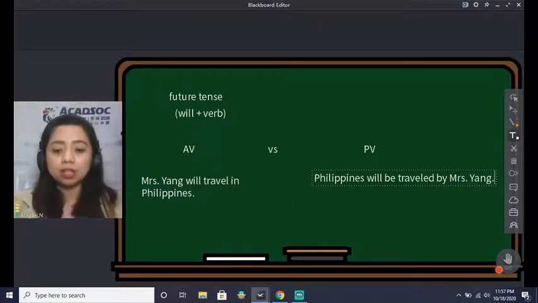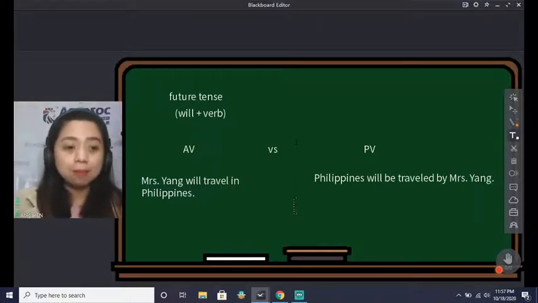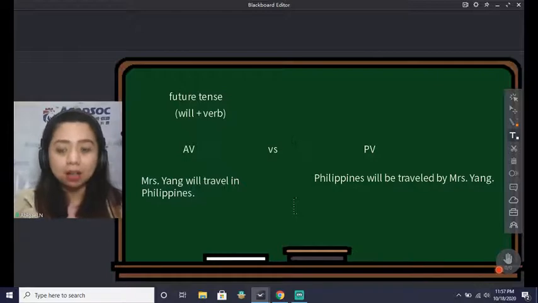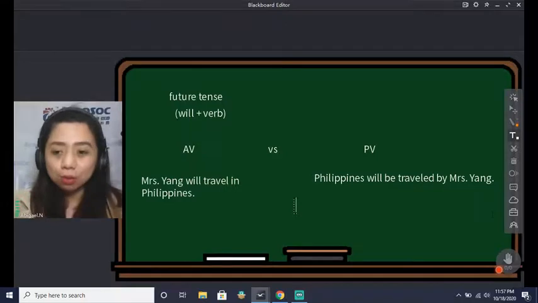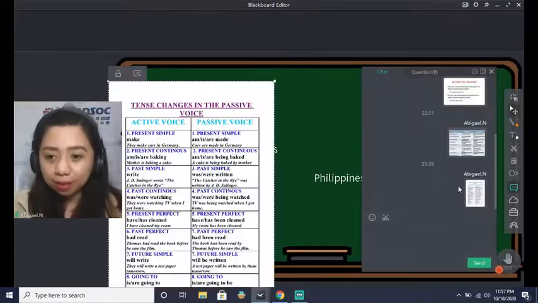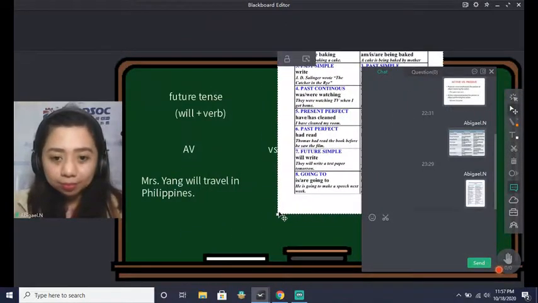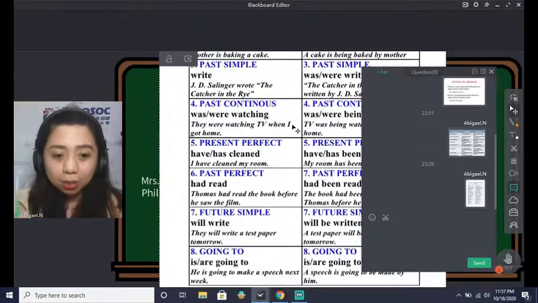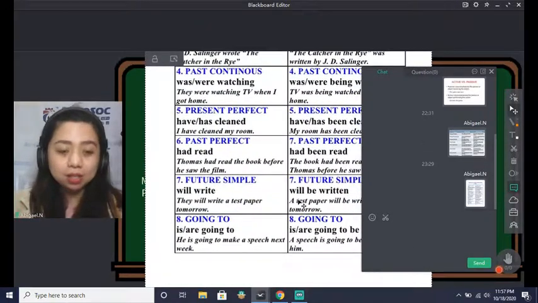So this is how you will change it into passive voice. Philippines will be traveled by Mrs. Yang. So that's it. Let's check. I think we're done. I will not discuss number 8 with you.